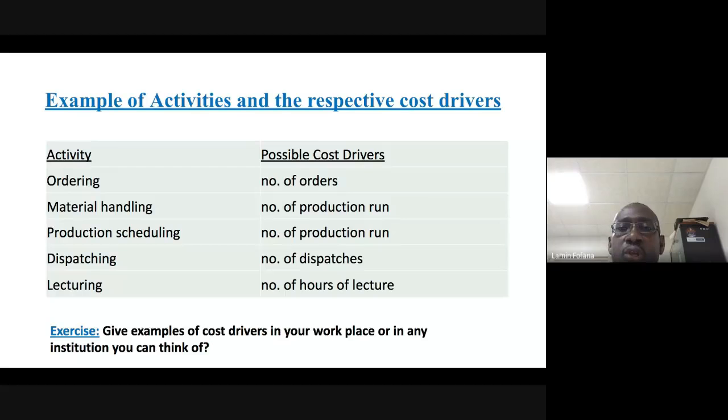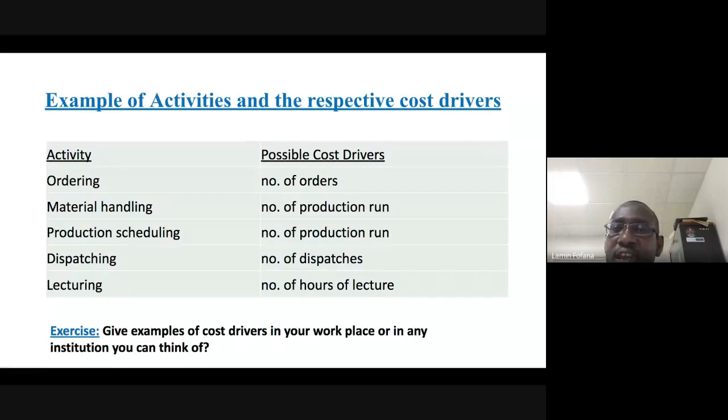So what are some of the cost drivers that you can use? Is Mamat with us? Okay, let's go to Fadera.